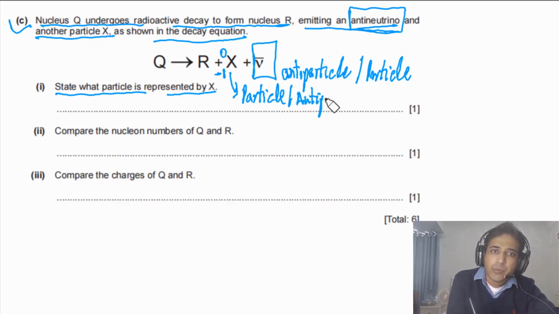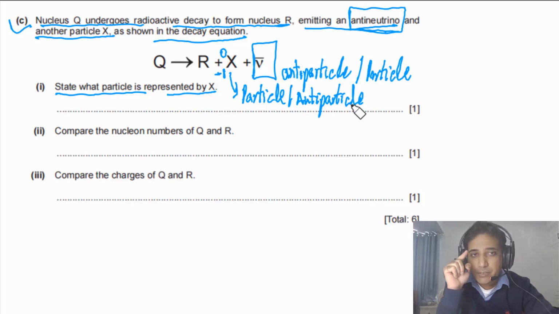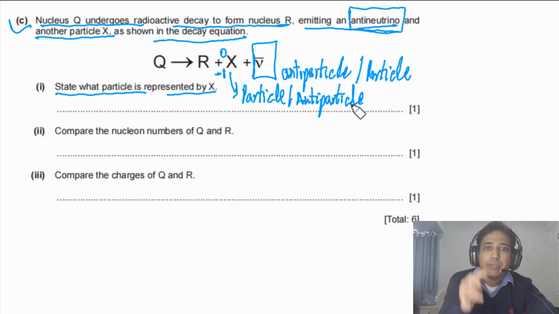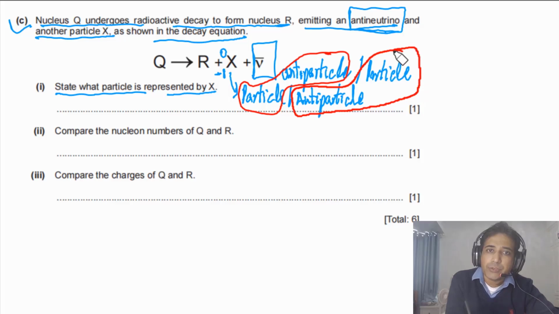So this is the main concept you need to understand, because of these two particles, one has to be a particle and one has to be an antiparticle to conserve lepton number. So this combination is possible and this combination is also possible.